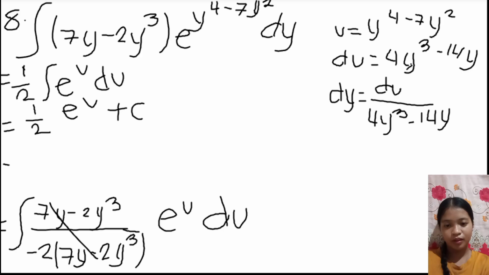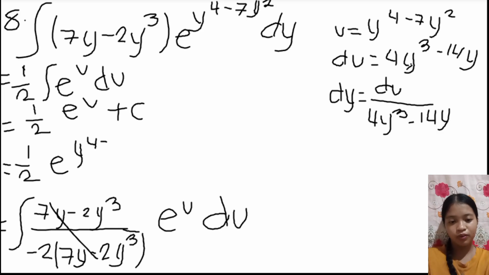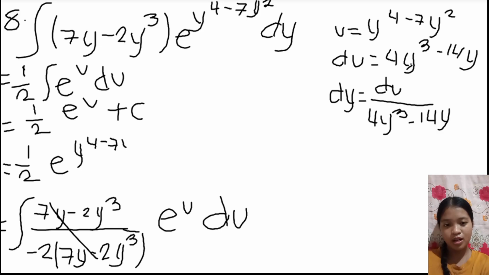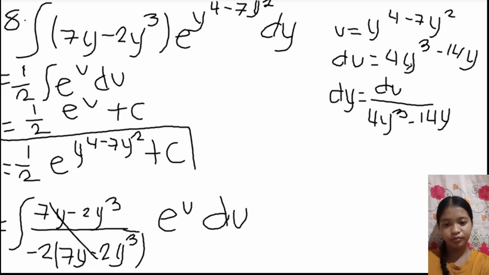So then to get the final answer, we're just going to substitute u with its original expression. So it will be negative 1/2 e raised to the power of 4 minus 7y squared plus c, and that's our final answer.